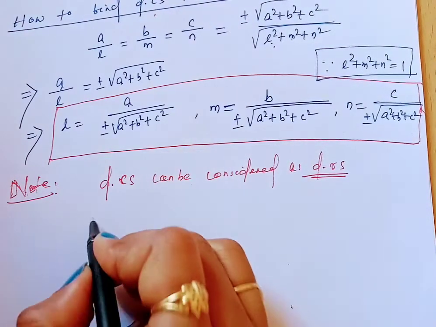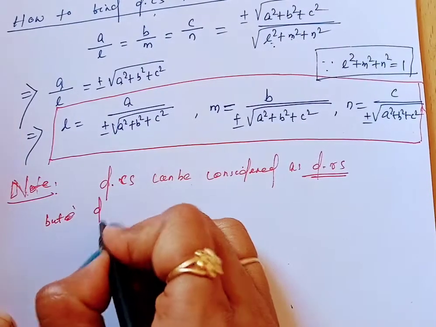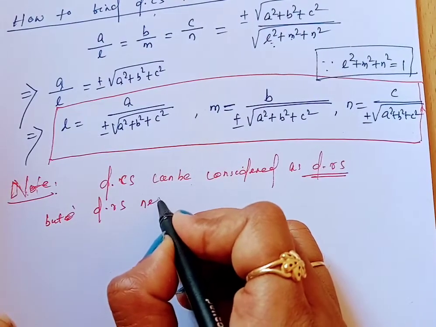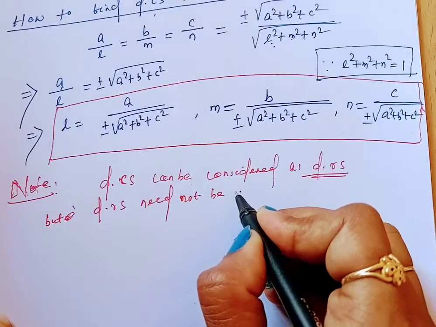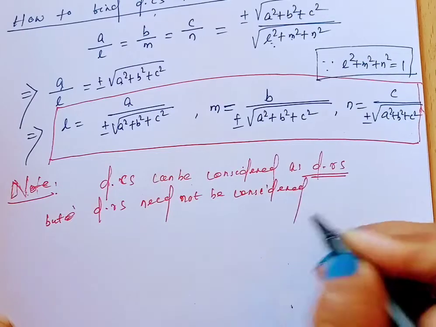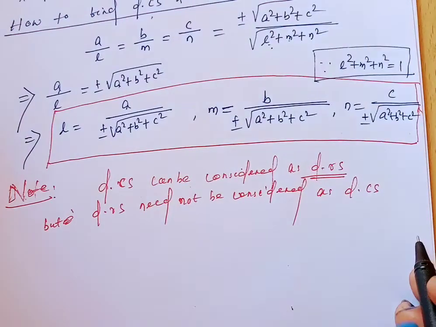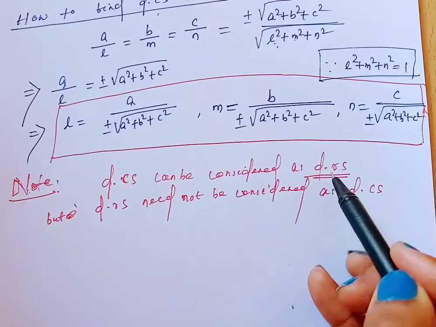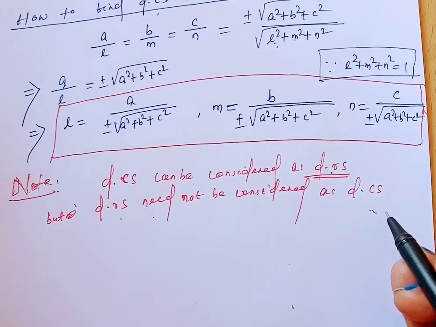Direction ratios need not be considered as direction cosines. Listen very carefully: direction cosines can be considered as your direction ratios, but direction ratios need not be considered as your direction cosines.